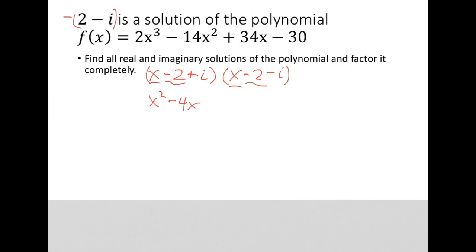And then think about the real constant component. I'm going to get that negative 2 times negative 2, which is going to give me a positive 4. But I'm also going to get an i times a negative i, which is negative i squared, which is positive 1. So I'm going to get negative 2 times negative 2 is positive 4, plus 1 is 5.